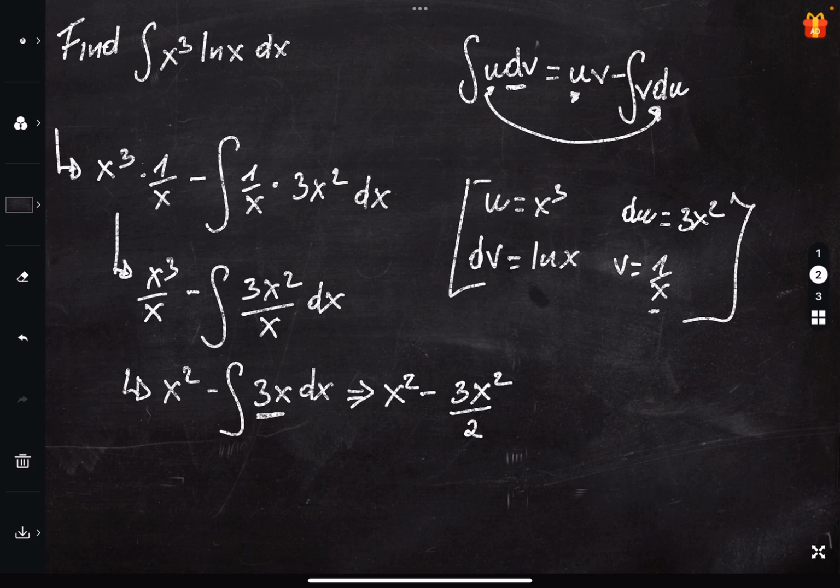Of course, because I'm taking an indefinite integral, I add c. So this is my final answer. I hope this helped.